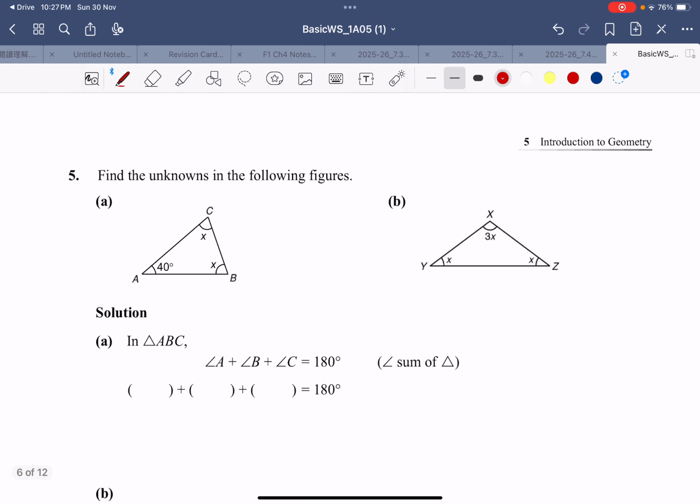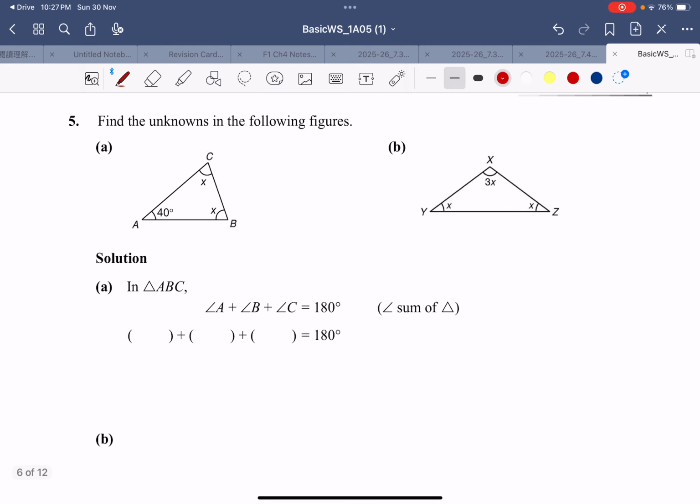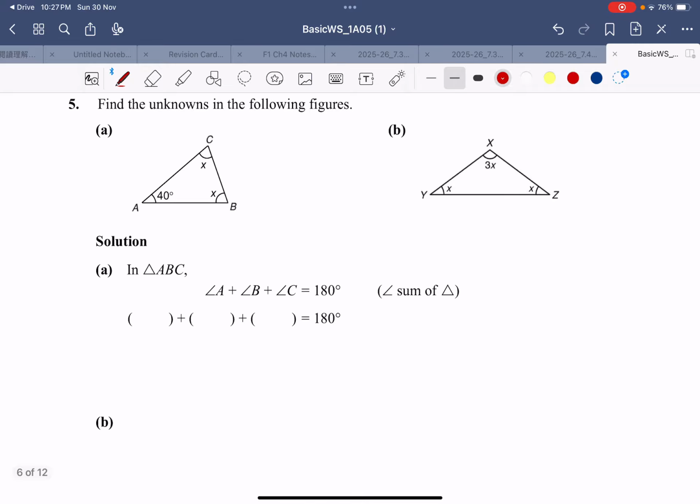Right. And then find the unknown X in the following figures. For part A, 40 degrees plus 2x equals 180, and then something like this.